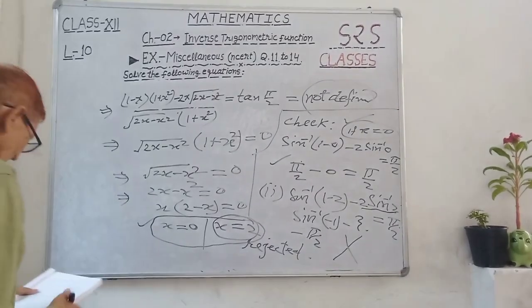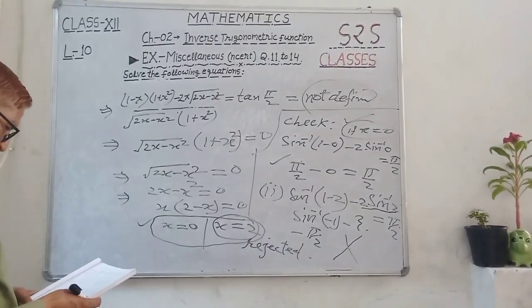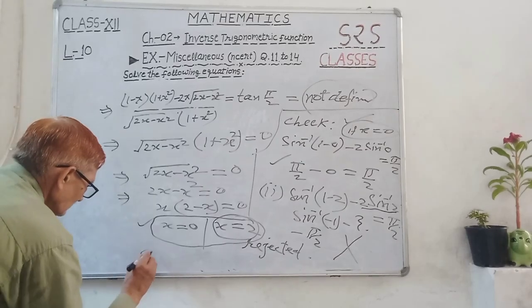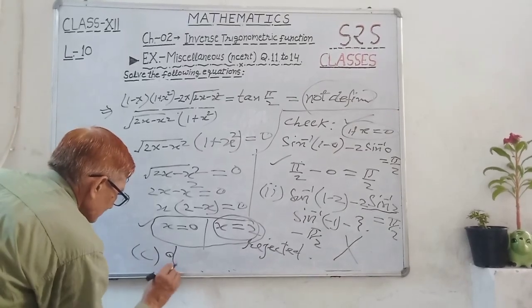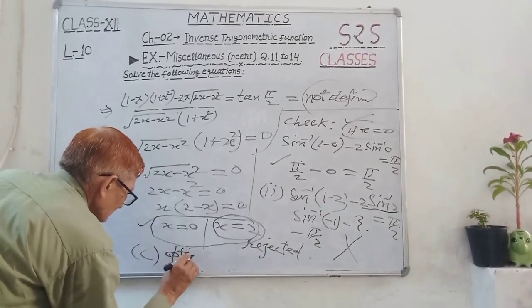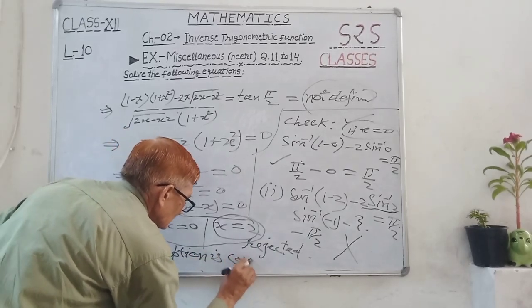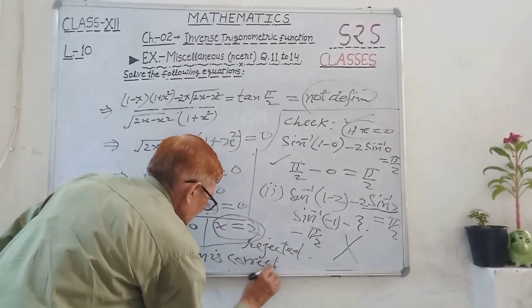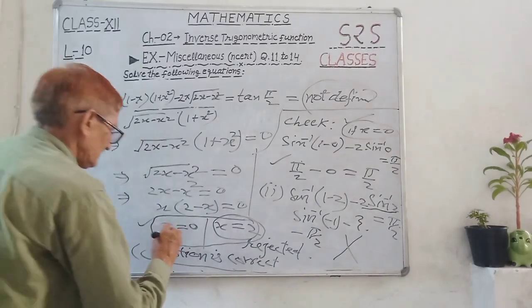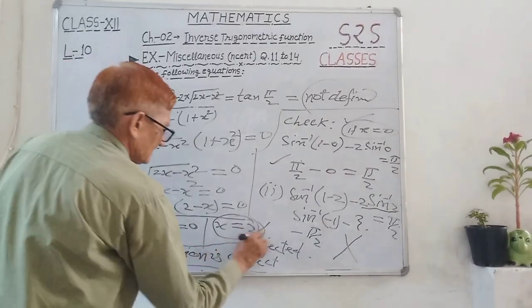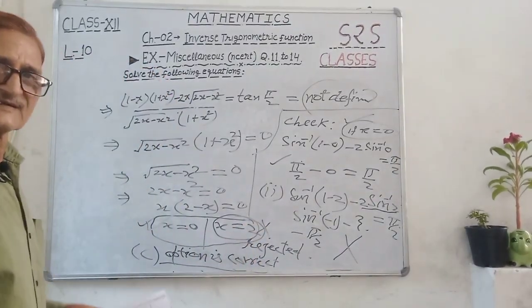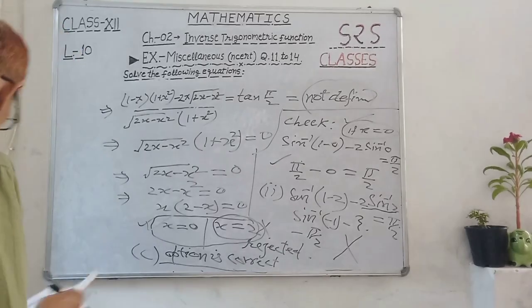Then which option? Option C is correct. Only 0 is possible, this is rejected. Done, now it is completed.